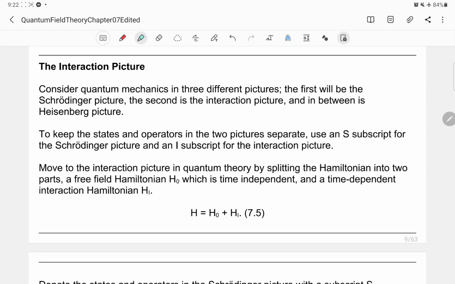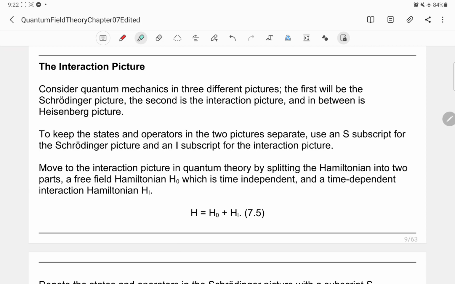We can consider quantum mechanics in three different pictures. The first will be the Schrödinger, the second would be the interaction picture, and in between those two is the Heisenberg picture.